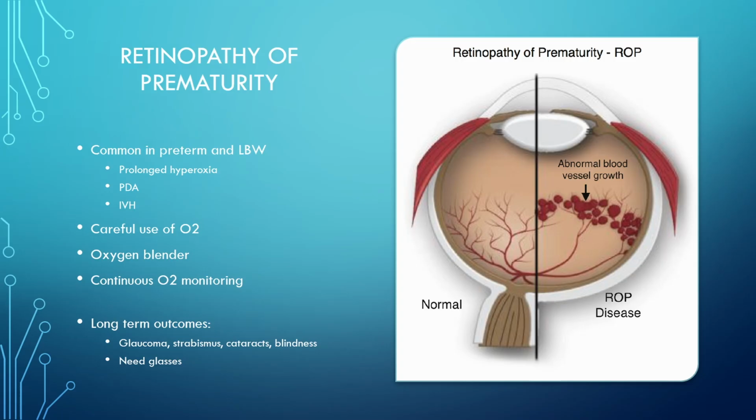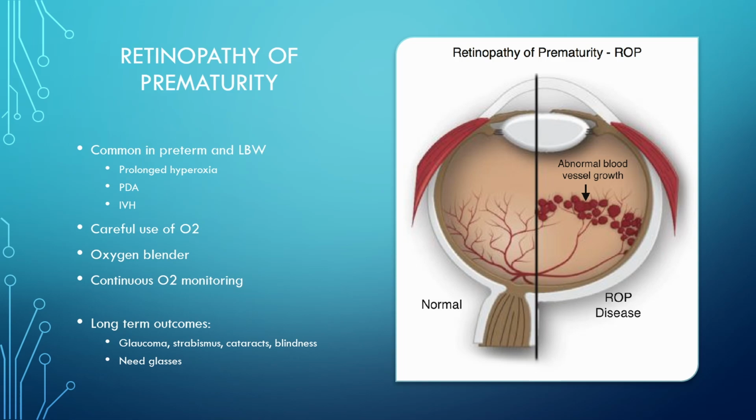So when we give extra oxygenation to these infants, it can cause abnormal blood vessel growth, and you'll see that over on the right side there. So with these babies, it's common in ones with prolonged hyperoxia, so extra oxygen that we have to give them if they have a PDA and also an intraventricular hemorrhage.